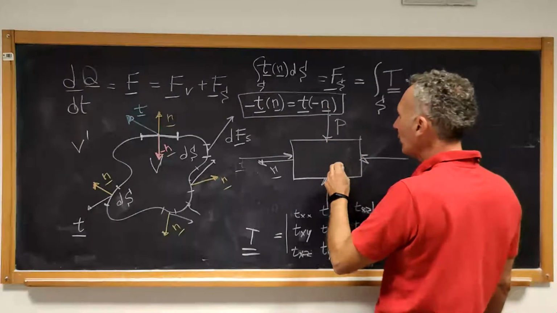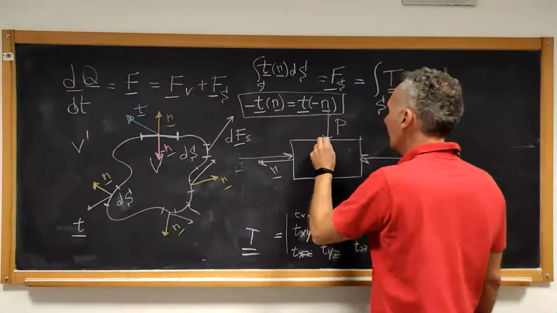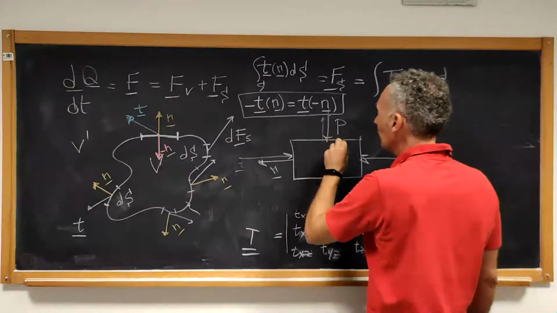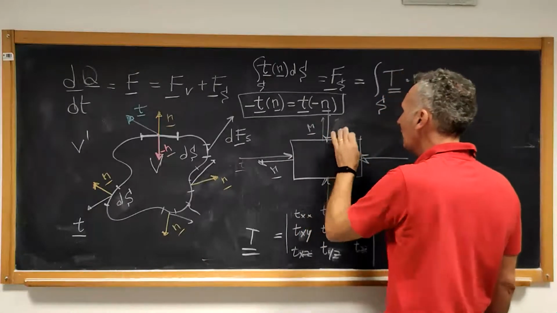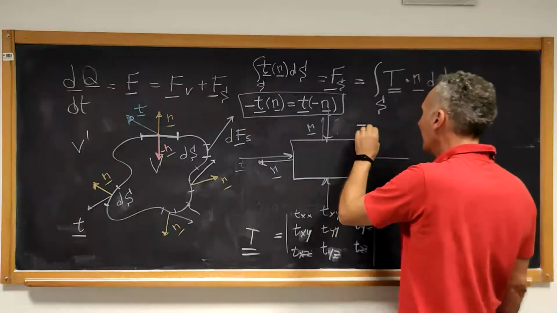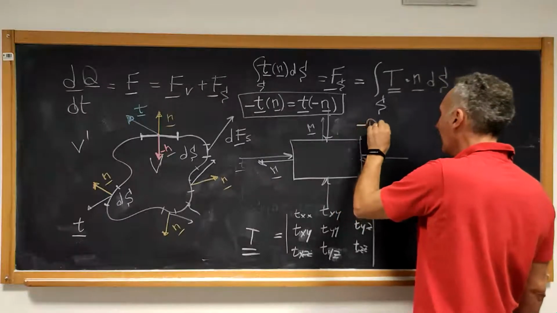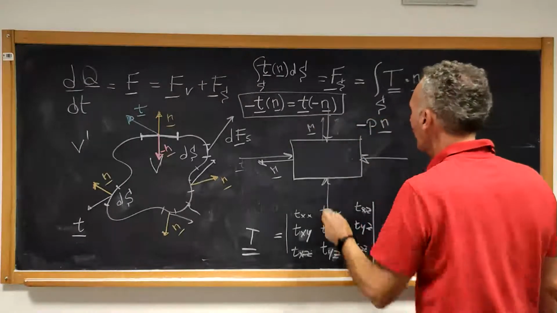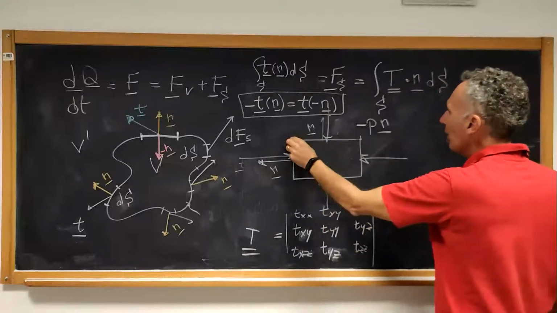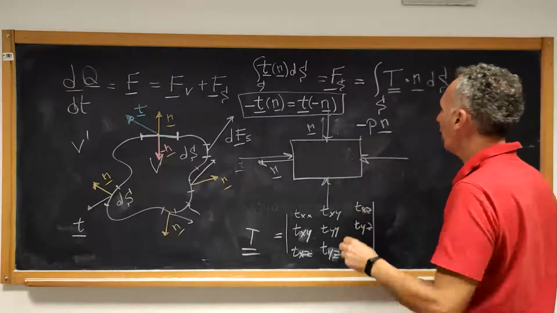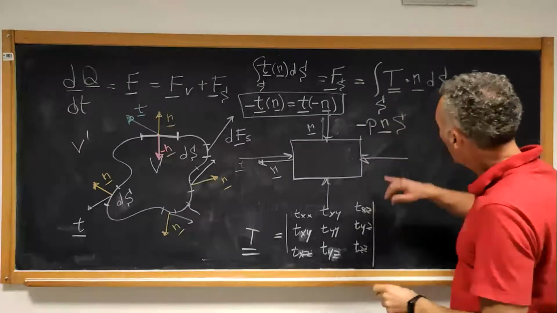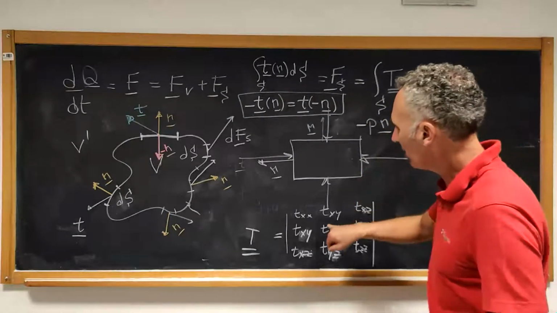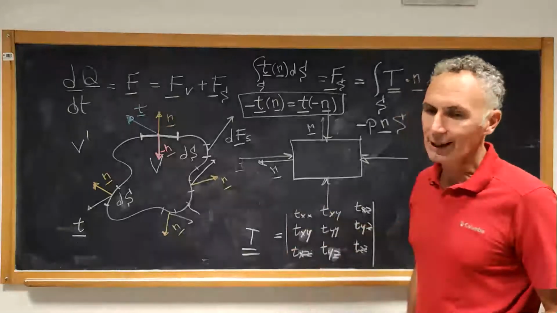So this would be a pressure force. Since n is the outward normal, this force must by necessity be minus p n times the area of the wet surface, which we can call S. Also this component must be part of this tensor.